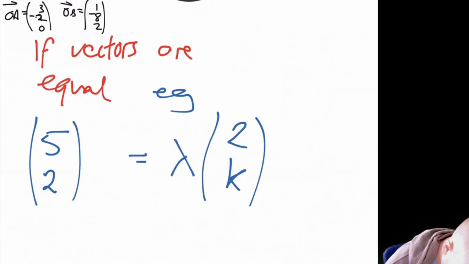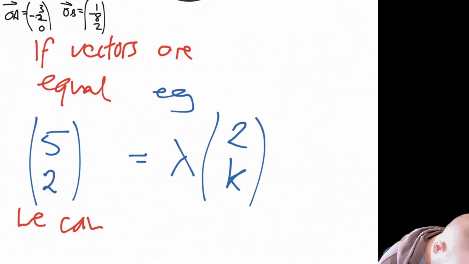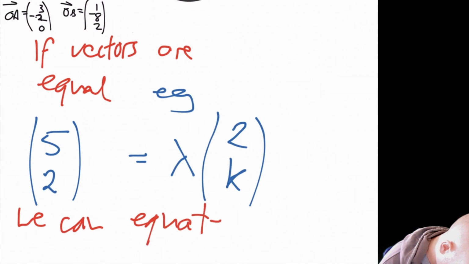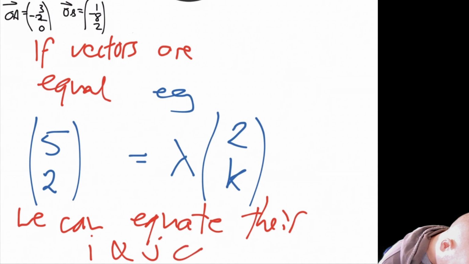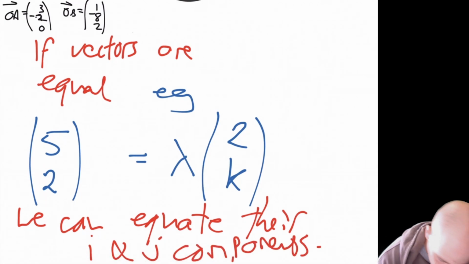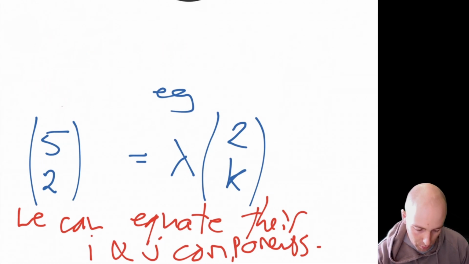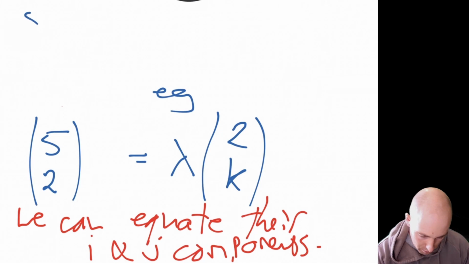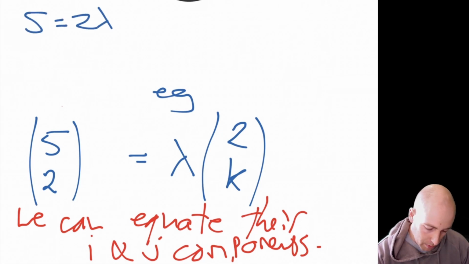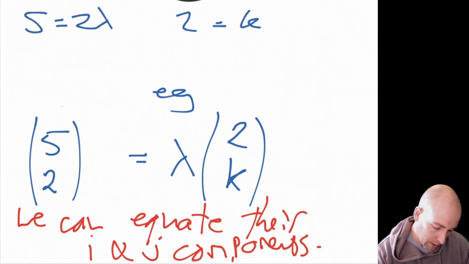So if vectors are equal, we can equate their I and J components. So if these two vectors are indeed equal, we can say 5 equals 2 lambda and 2 equals k lambda.